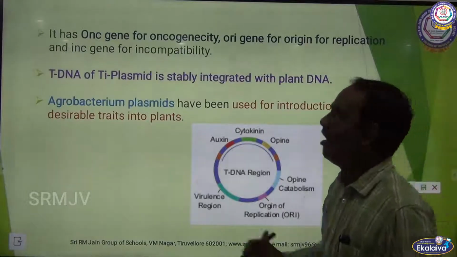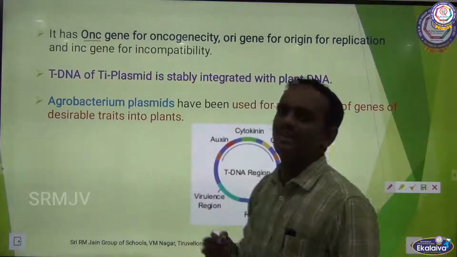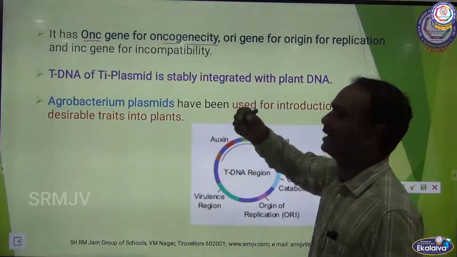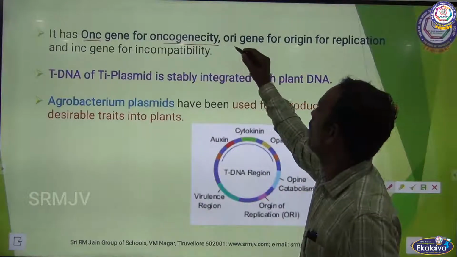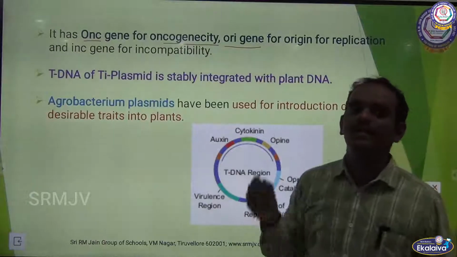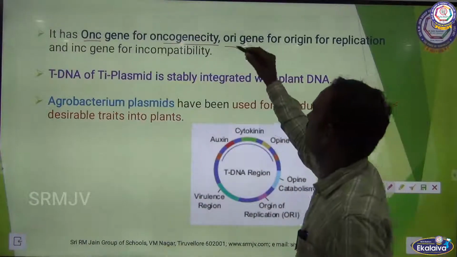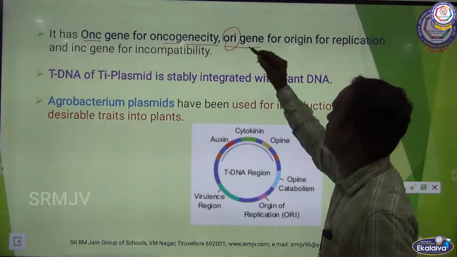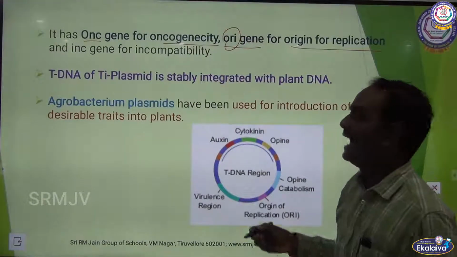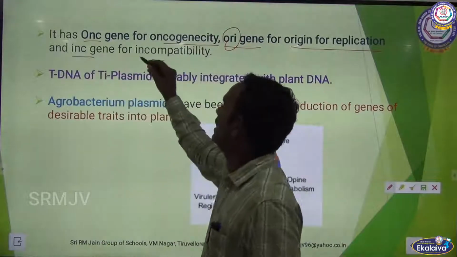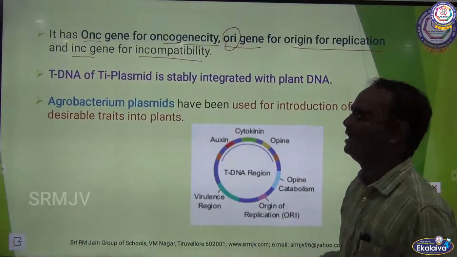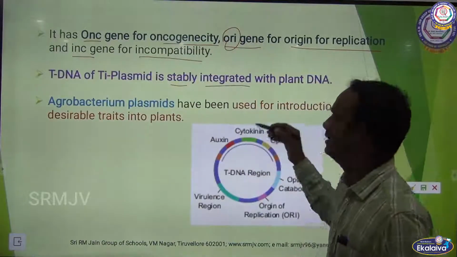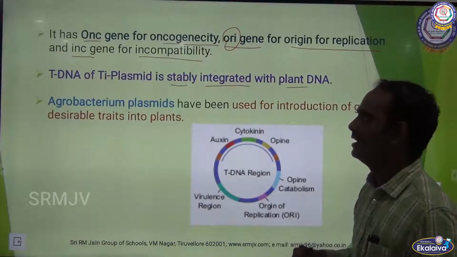It has the onc gene for oncogenicity, the cancer inducing gene, and the ori gene, which is the site of replication, the origin of replication, and the inc gene for incompatibility. The T-DNA of the Ti plasmid is stably integrated with plant DNA.